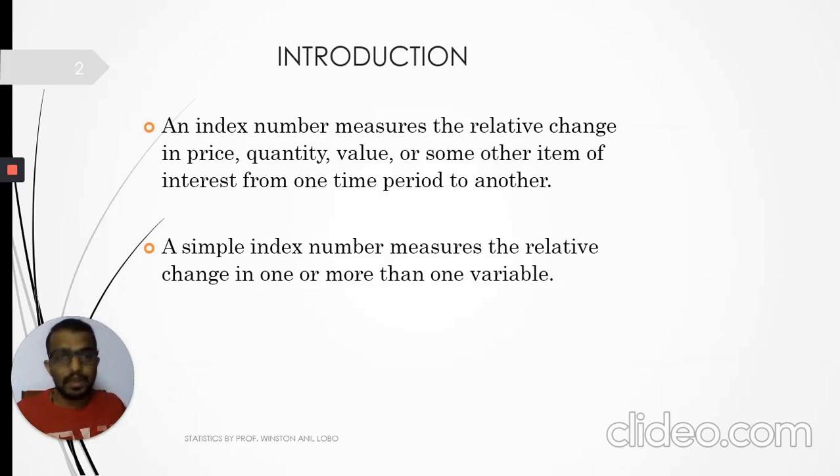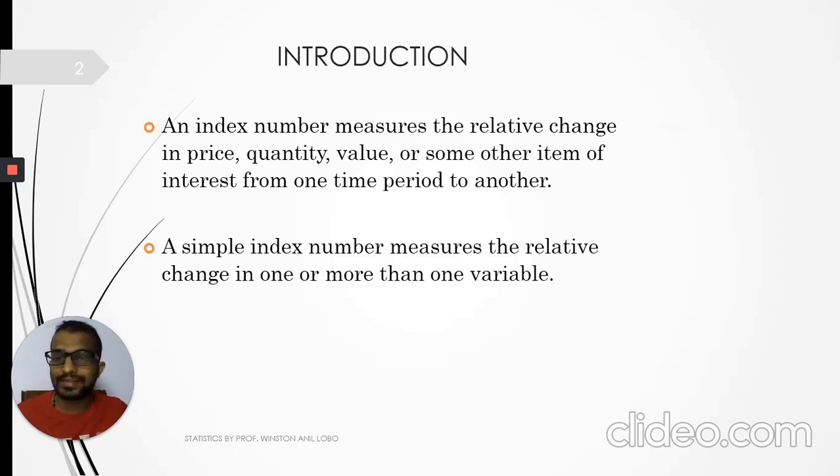So this is called an index number, measuring the relative change. How much has it changed over a period of time? For example, if you were given 100 rupees say 5 to 10 years back, you might have gone shopping and brought 10 things, maybe a packet of Lay's, a new toothpaste, a new toothbrush, and some other items. But now when you take 100 rupees, maybe the maximum you'll get is one ice cream.